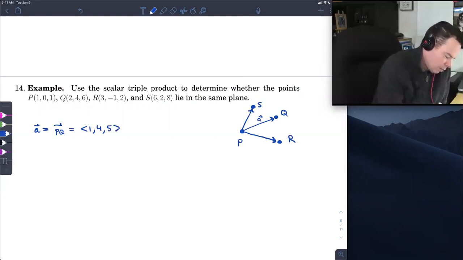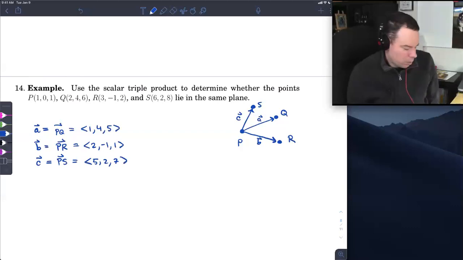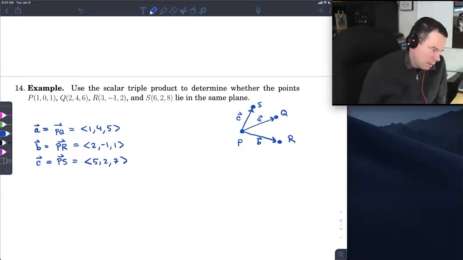For B, that's going to be P to R. C will be this one. And so again, tip minus tail. So R is 3, negative 1, 2. I'm going to take 1 away from its first and last component. And C is P to S. And I'm going to take 1 away from its first and last component. So there's our 3 vectors, A, B, and C.